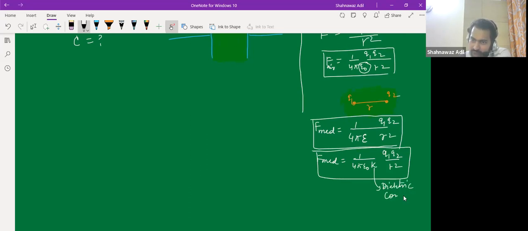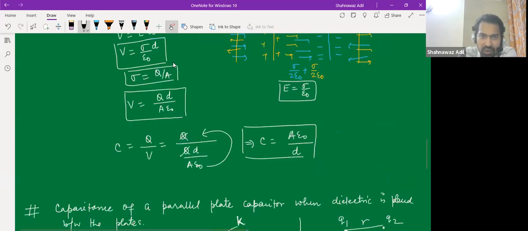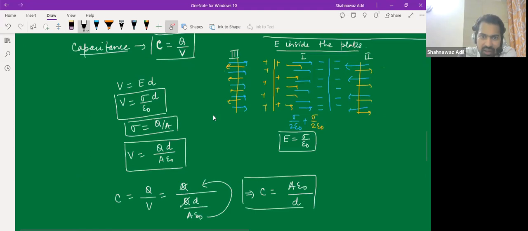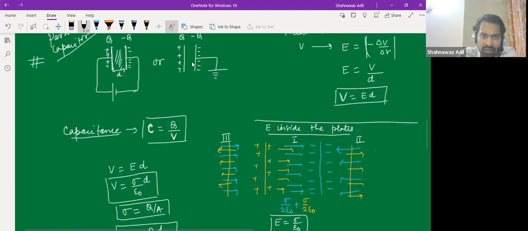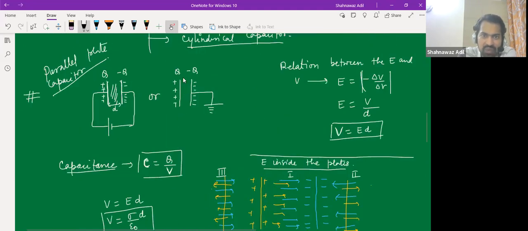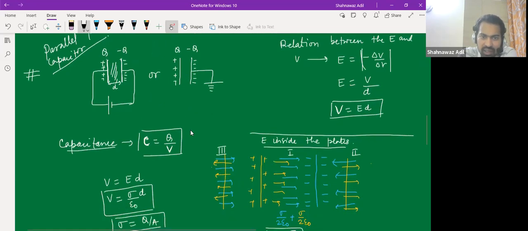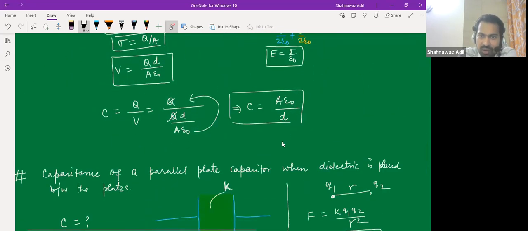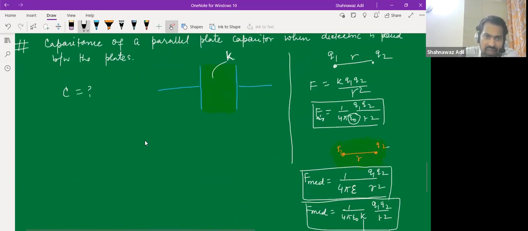Similarly, taking the analogy from here, when we had air between these two plates, the capacitance was A epsilon naught by D. So now if we put the medium in, what would be the capacitance, guys?